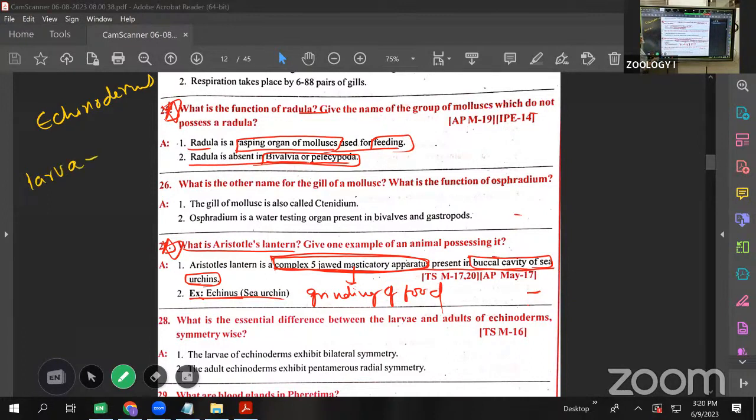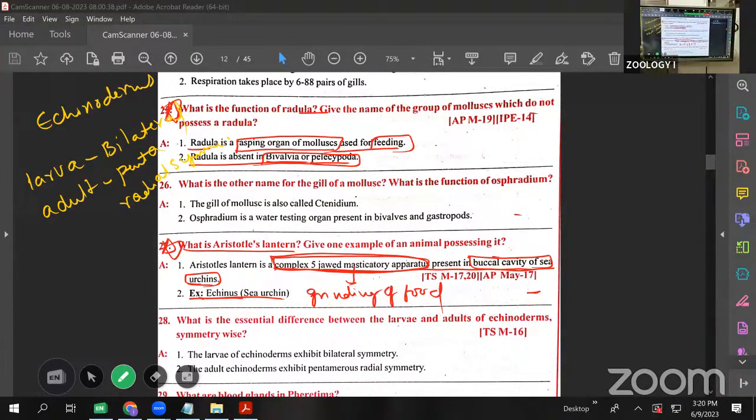Normally, triploblastic animals have bilateral symmetry. Like that, here also the larva has bilateral symmetry. The special character is that the adult is formed with pentaradial symmetry, which is a radial symmetry.